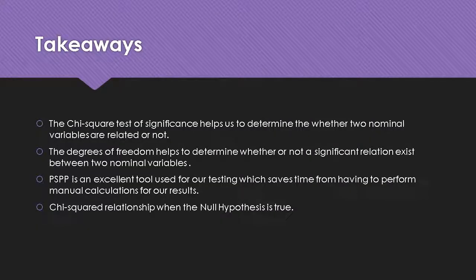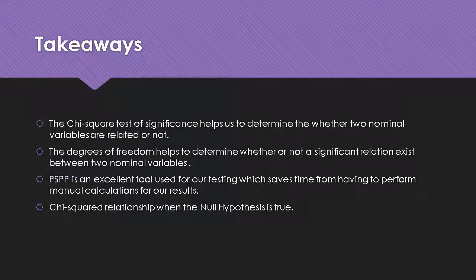The takeaways: the chi-square test of significance helps us to determine whether or not the two nominal variables are related. The degrees of freedom helps to determine whether or not there's a significant relation between the two nominal variables. PSPP is an excellent tool so that we will not need to perform manual calculations.